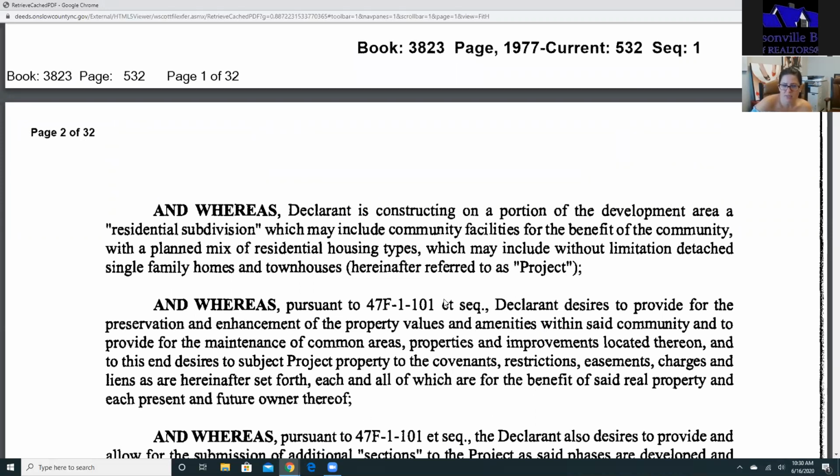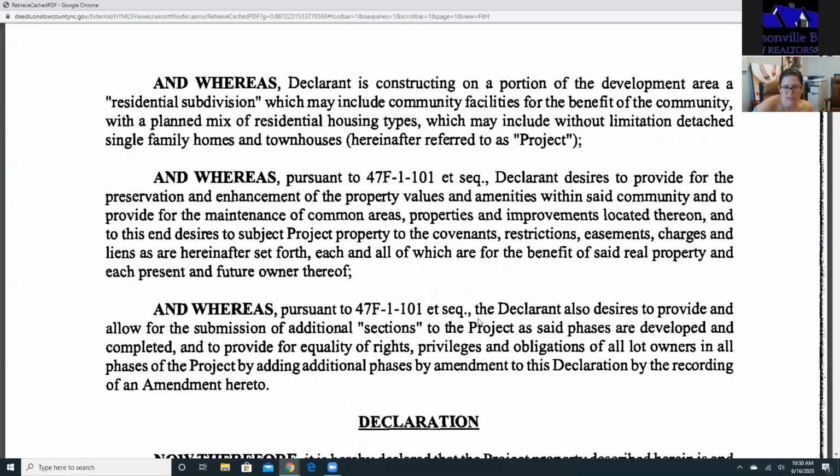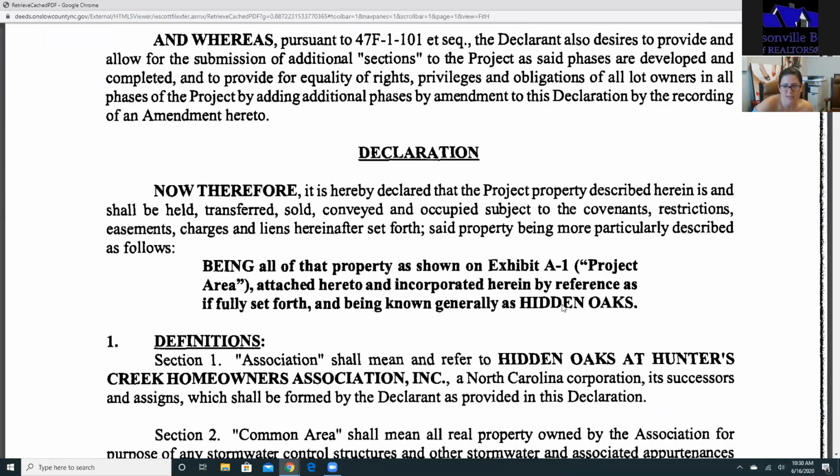A lot of these are going to be definitions at the beginning, but if you've never read through restrictive covenants, do take the time on the next house that matters to you, whether it's a listing that you have or a buyer that's building or buying in a neighborhood that has restrictive covenants, and read through them. Yes, it's 32 pages, but you can kind of breeze through some of this to just know what's all in here.